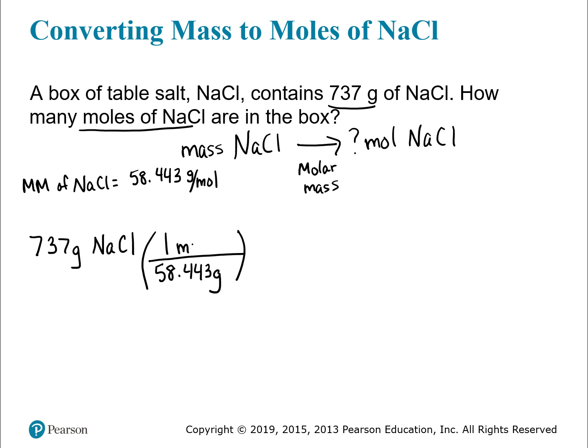That leaves the 1 mole to go in the top. When you do the math, you're going to divide 737 by the number of grams in 1 mole of sodium chloride. So don't forget, when you have a number in the denominator, the bottom, you divide.